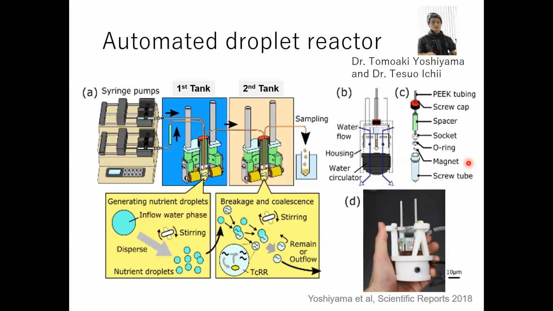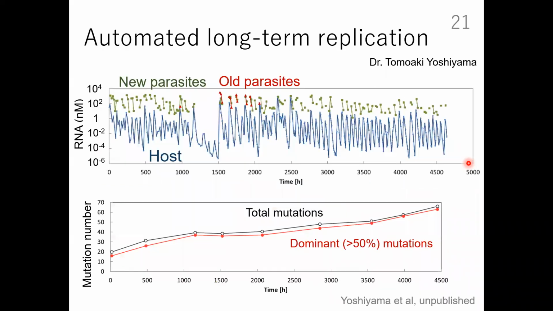So it's very laborious. So we developed an automated droplet reactor. It is a kind of flow reactor, but a droplet flow reactor. So using this system, we performed a very long-term evolutionary experiment independently from the previous manual experiment.